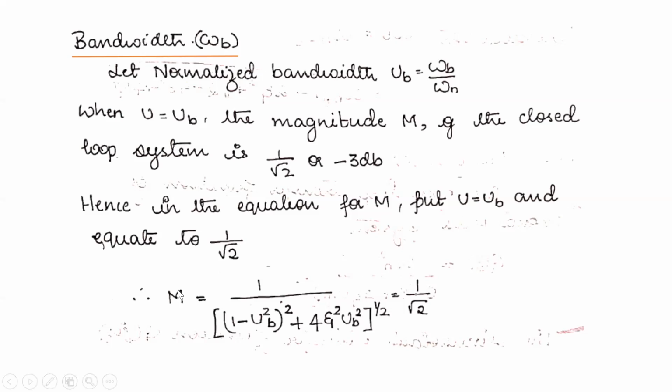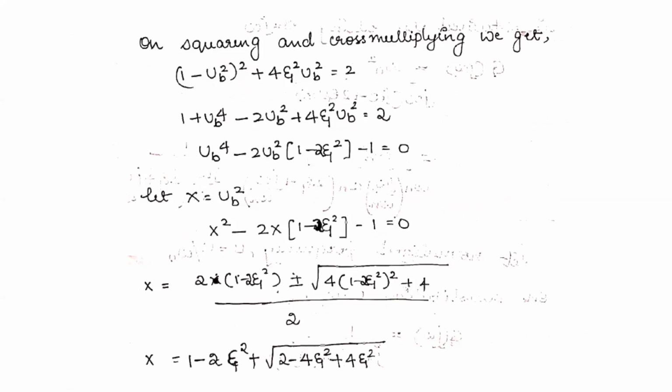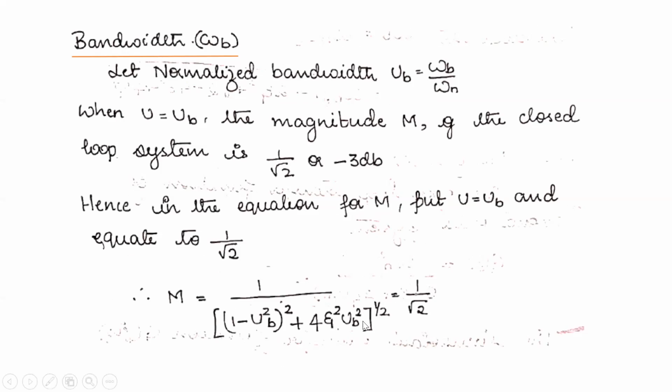So now take the magnitude from equation 1, and wherever you have u, substitute it as ub. Then equate it to 1 by root 2.